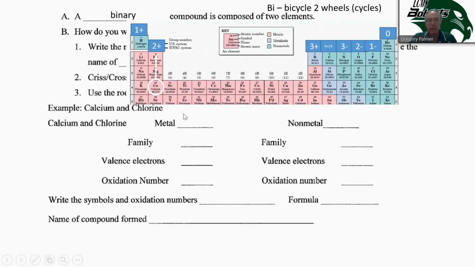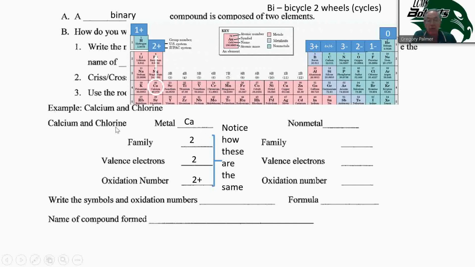Its symbol is Ca. It's in family 2, which means we know it has 2 valence electrons. In families 1, 2, and 3, the oxidation number is the same as the family number. But notice how these are the same, family valence electrons and the oxidation number.